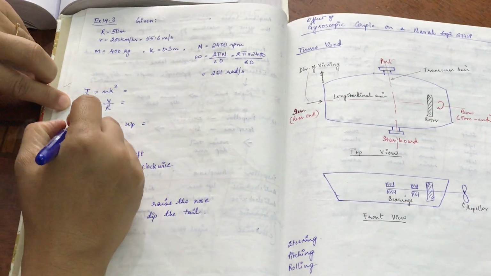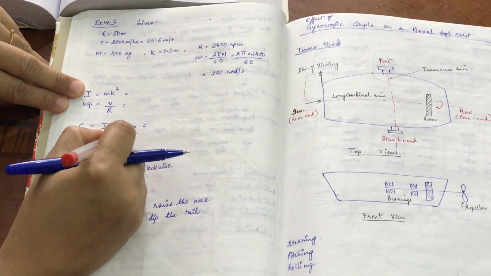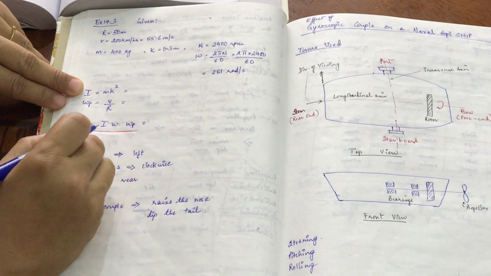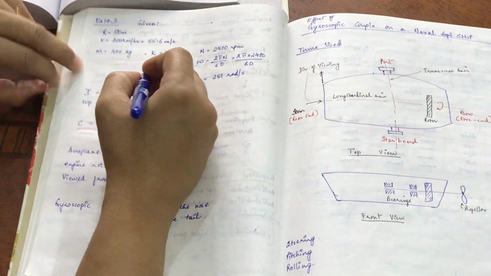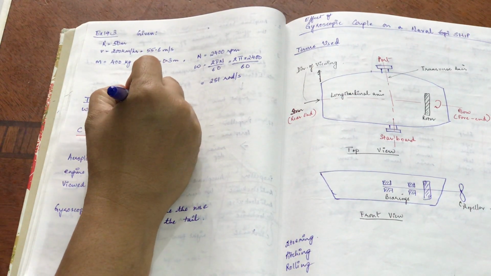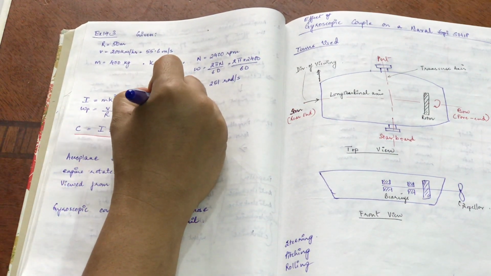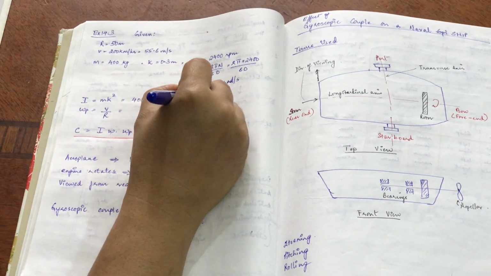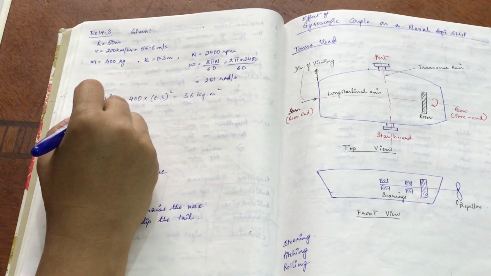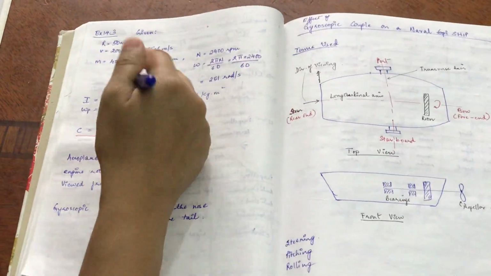Now you need to find the gyroscopic couple, I multiplied by omega p. What is I? M k square. So M is 400 multiplied by k square, 0.3 whole square, which is 36 kg per meter square. Omega p is V by R, that we also saw in the session.